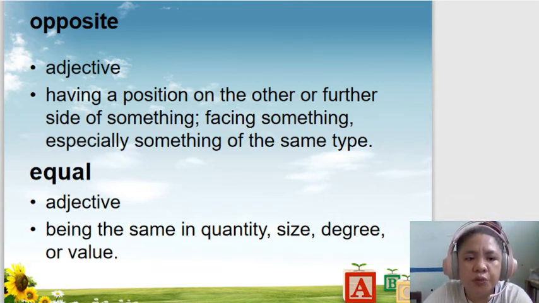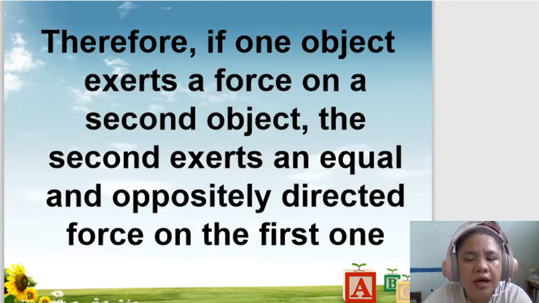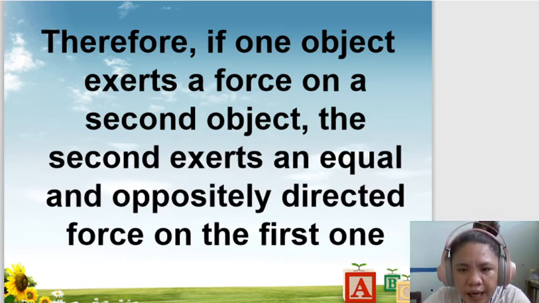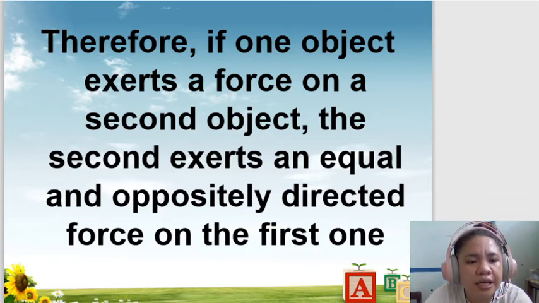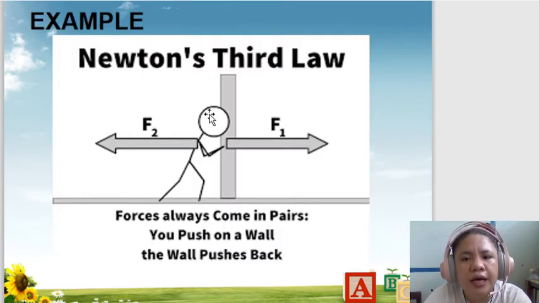Since we have discussed that, we will now go back to our topic, Newton's third law of motion. Therefore, if one object exerts a force on a second object, the second exerts an equal and oppositely directed force on the first one. Let's take this as an example. Here is a caricature of a boy, or perhaps a man, trying to push a wall, exerting force 1.